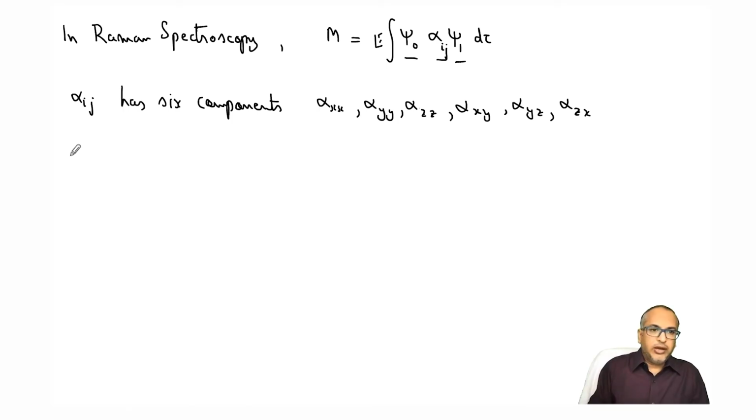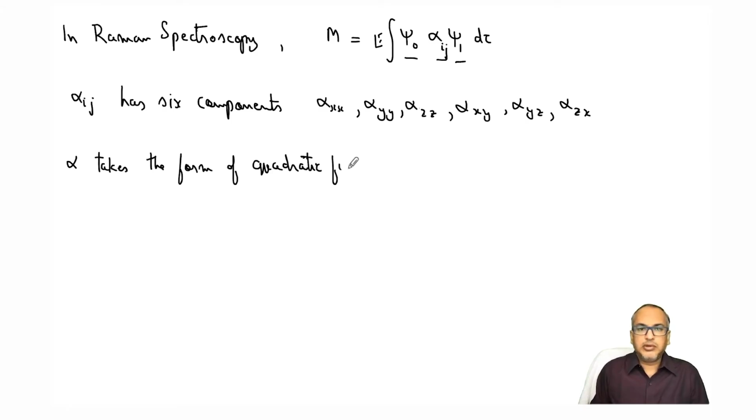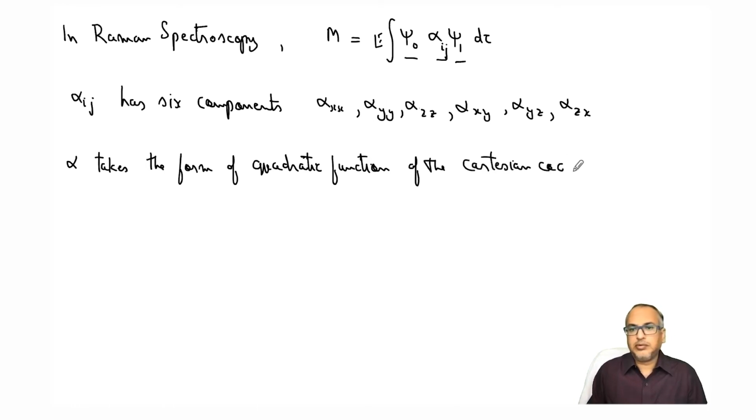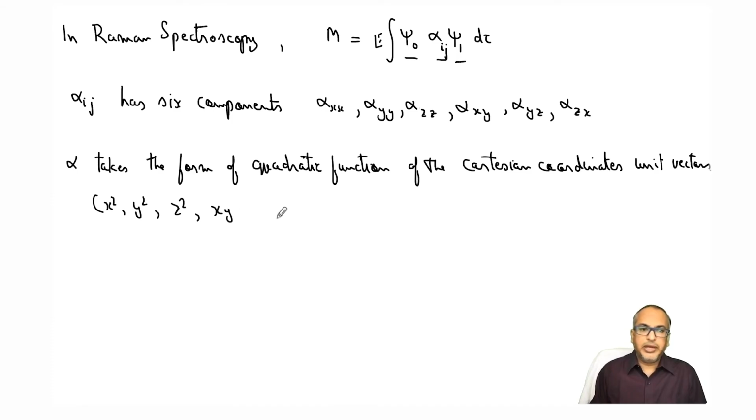So alpha takes the form of a quadratic function of the Cartesian coordinate unit vectors, which is in the form of x square, y square, z square, xy, yz, zx.